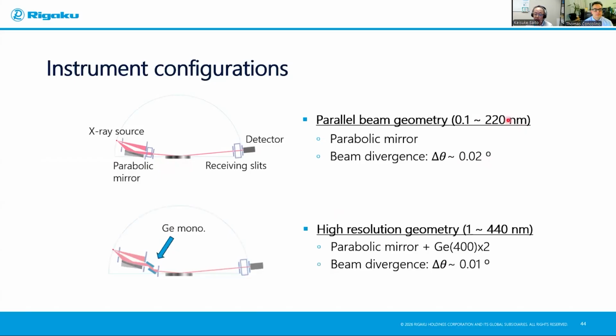If this is too thin for your sample, you may want to put a germanium monochromator here after the parabolic mirror. It's the same story as the thin film. Then the beam divergence is going to be half compared to the parabolic mirror. So this extends the maximum thickness to be measured up to 440 nanometers.